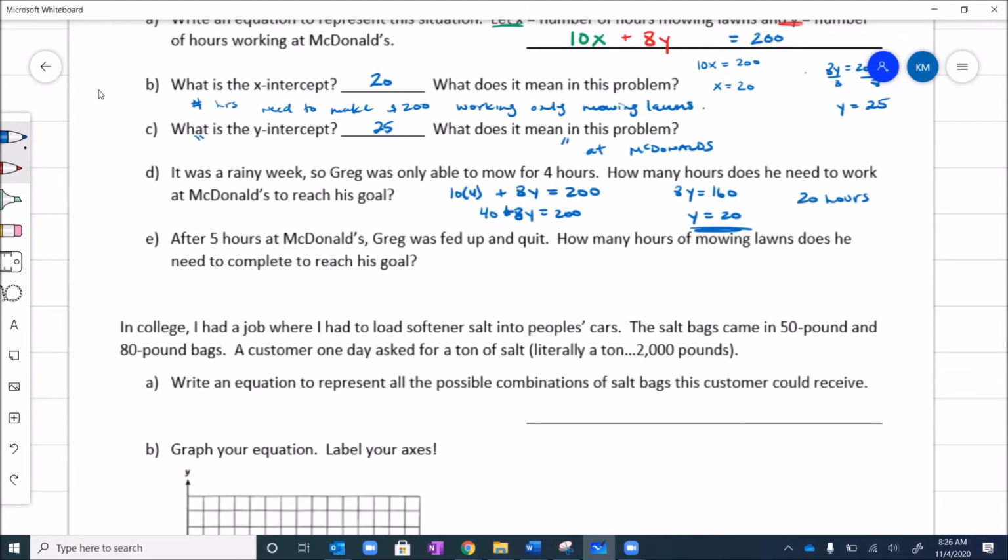How many hours of mowing lawns does he need to complete to reach his goal? So same equation now, except here we're going to have to mow lawns. We don't know how many hours of that, and we know that Greg only got through 5 hours at McDonald's before he quit. Still, his goal is $200. So 8 times 5 is 40.